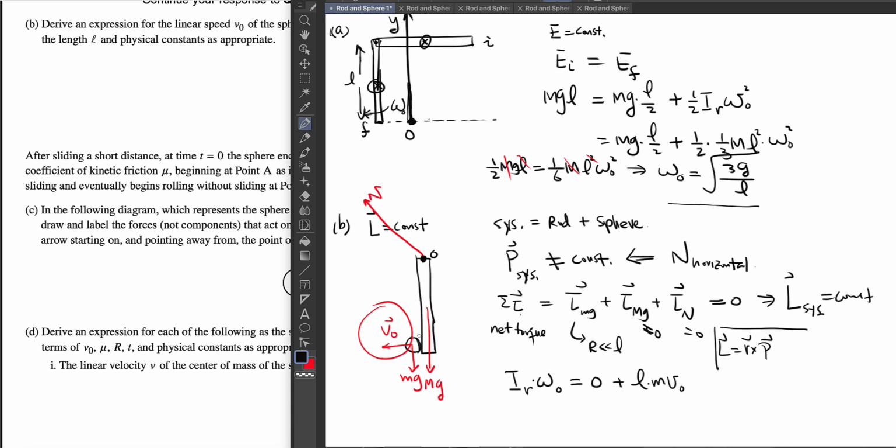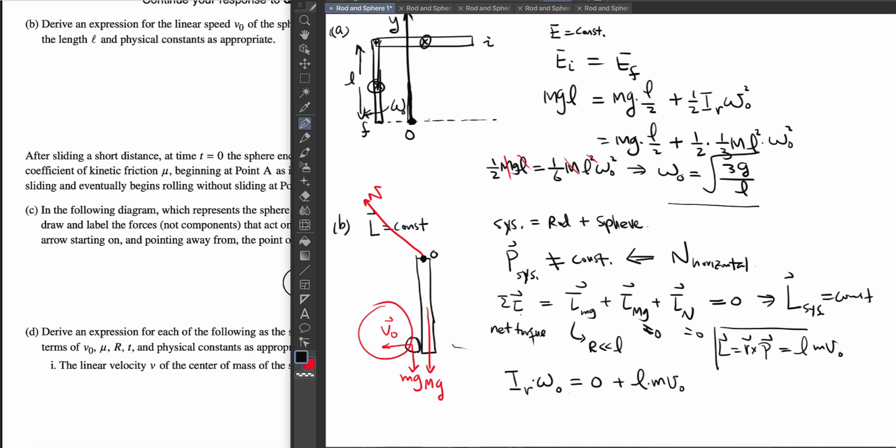They form a 90-degree angle, so the magnitude is L, the length of the rod, times m v0. And the direction is clockwise, the same as the direction of omega naught, which is also clockwise.